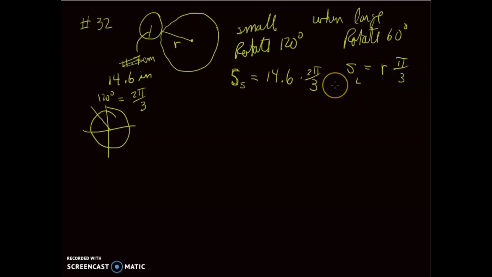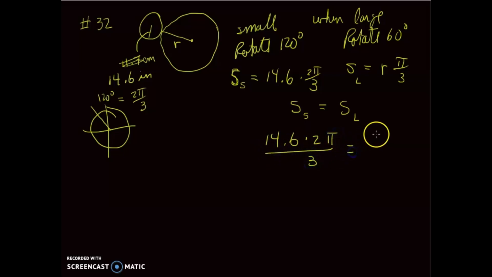These two are really the same because they're touching. That distance it travels for the small is the distance it's traveled for the large. Also, we can then put in the 14.6 times 2 pi over 3, and this is pi r over 3.